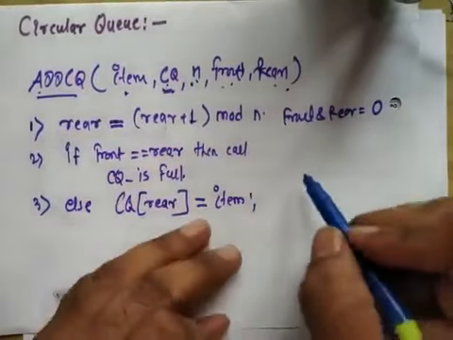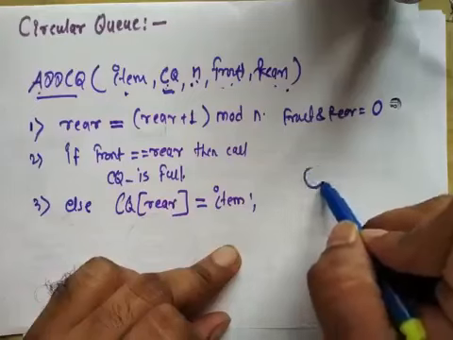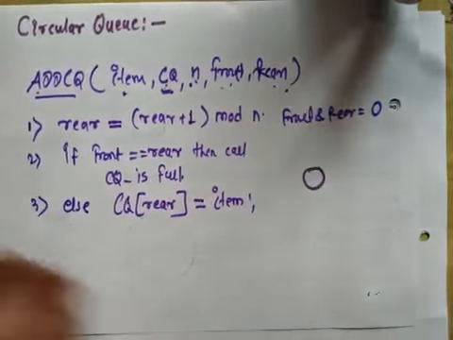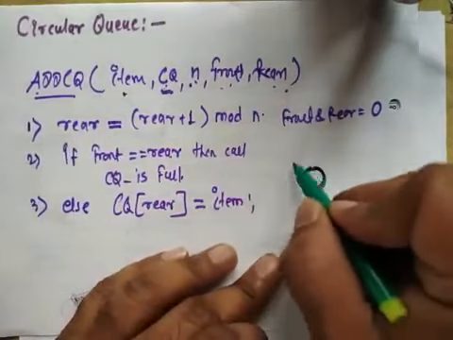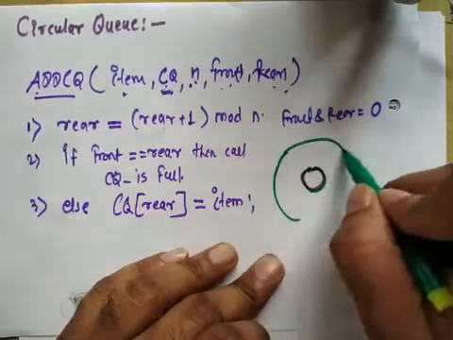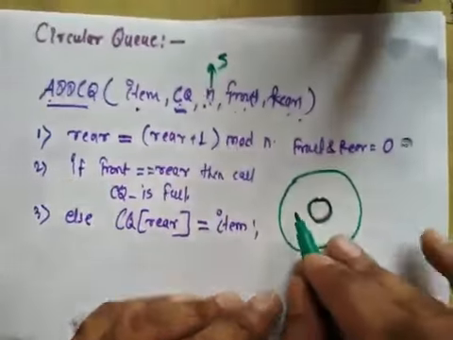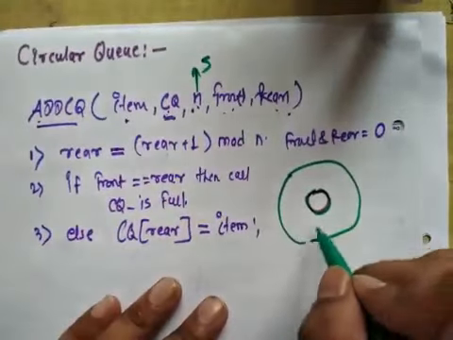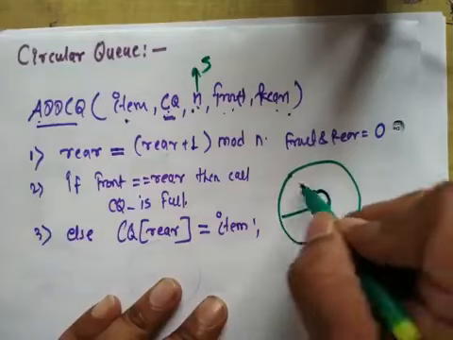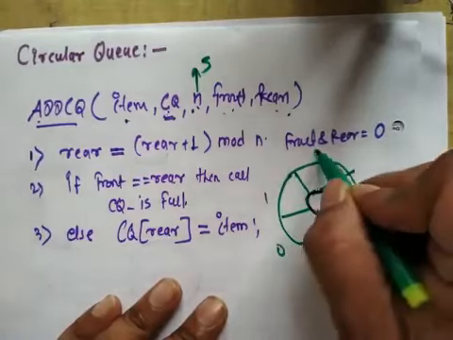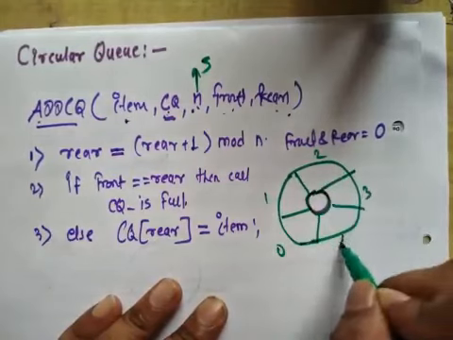So we create a circular array. We are going to use a graphical representation of this circular queue like this. Circular queue of size n equal to 5, so this is your circular queue, 0 1 2 3 4.